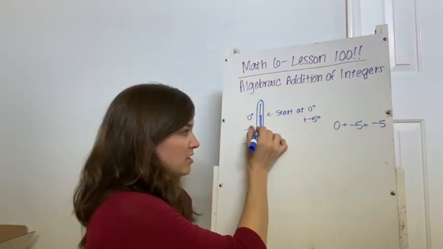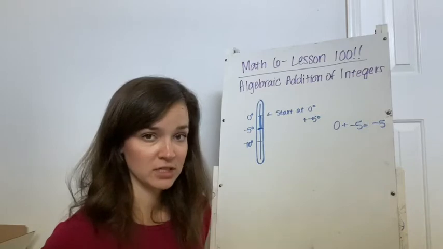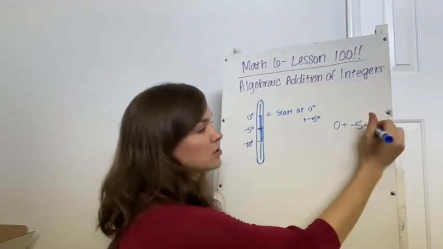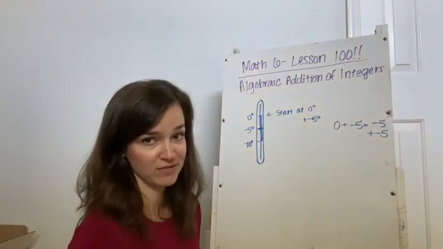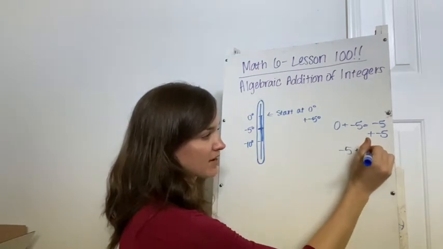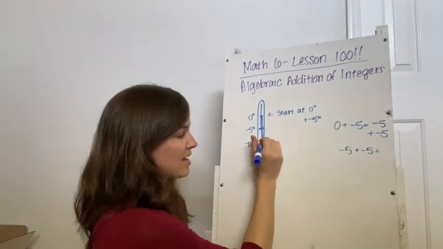That's not too hard to understand. But then if we have another drop of 5 degrees, so we're dropping 5 more degrees, that means now we're adding another negative 5 degrees, okay? So now we've got negative 5 plus negative 5.